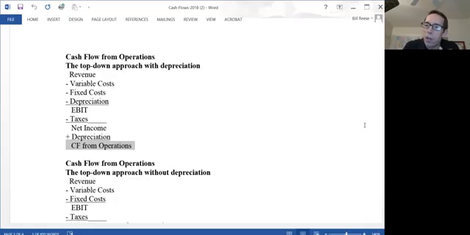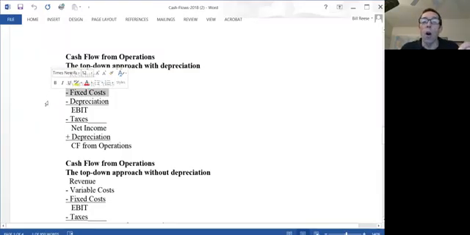And the question we have is, should you use a high discount rate representing the fact that the revenues are not very certain, or should you use a lower discount rate reflecting the fact that your fixed costs are pretty certain and your depreciation is pretty certain? And there's not a good answer for that, okay?